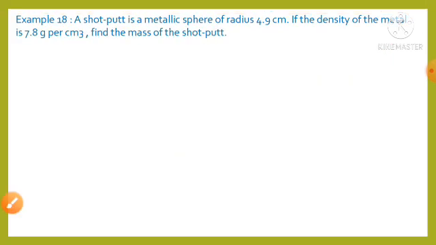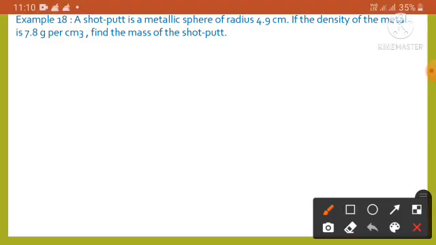Next question: a shot put is a metallic sphere of radius 4.9 centimeter. If the density of the metal is 7.8 gram per centimeter cube, find the mass of the shot put. Since the shot put is a solid sphere made of metal, its mass is equal to the product of its volume and density, so we need to find out the volume of the sphere.